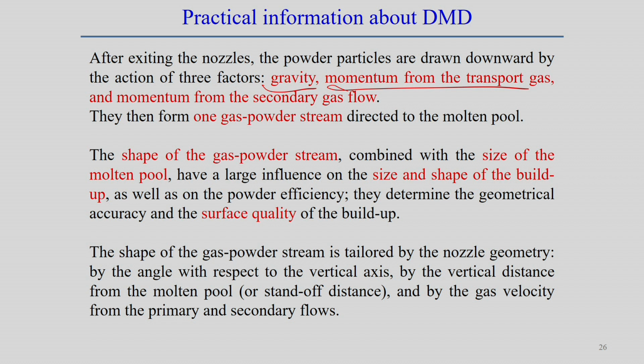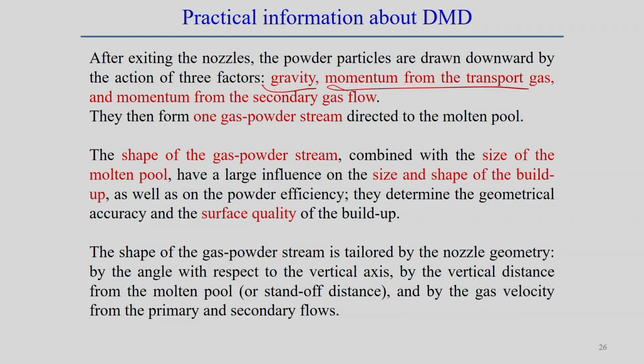So, it will be easy to project in a particular position, and the momentum from the secondary gas flow, secondary, apart from this transport gas, we use the shielding gas as well during this. So, the momentum of the shielding gas also helps to decide the final shape and size of the deposited layer, their thickness and surface roughness also.